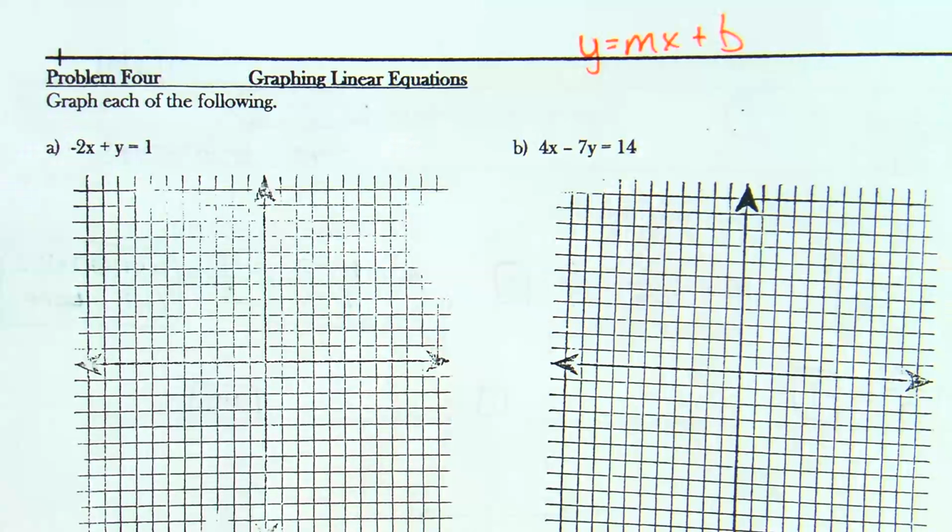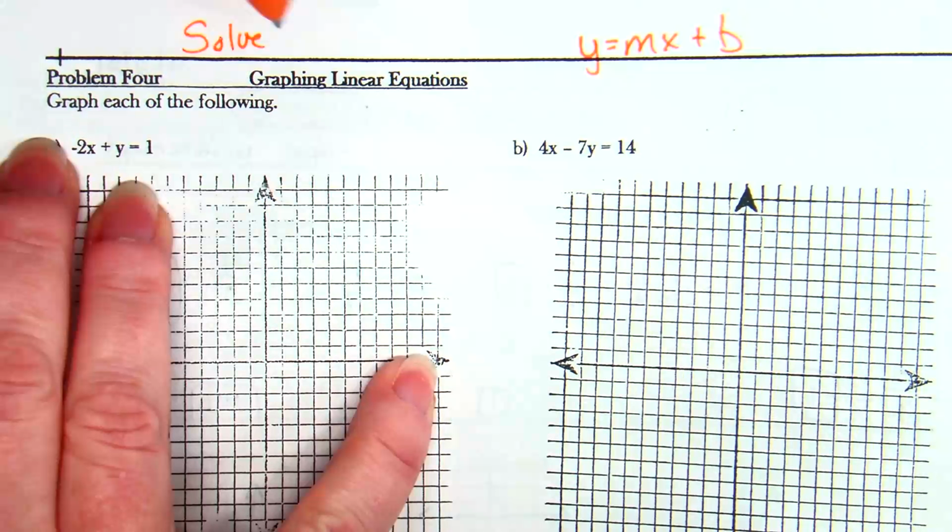Okay. So Levi's saying on A, we're going to add 2x because our goal is to get y by itself. So your goal on these, before you can graph them, is that we need to solve for y and get it in the form y equals mx plus b.